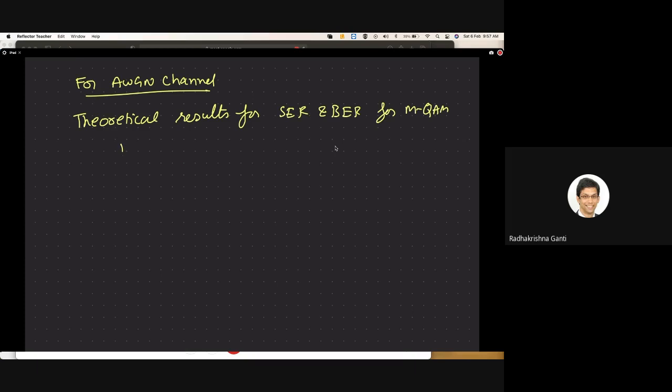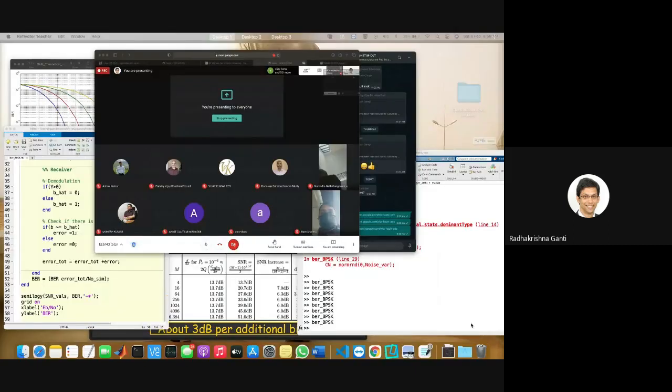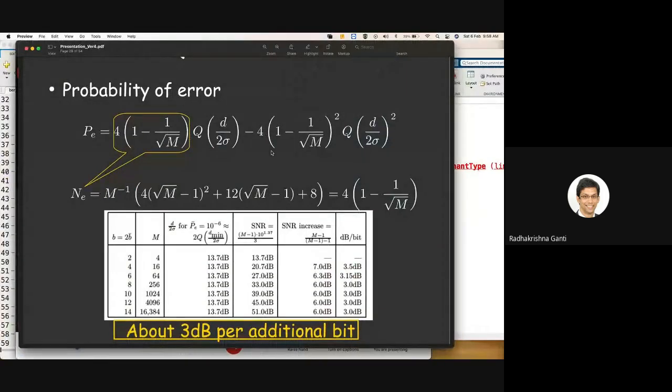These are in general expressed in terms of Q functions. I'm going to show you an example of how this looks. For example, this is the probability of symbol error, given by this expression for an MQAM.